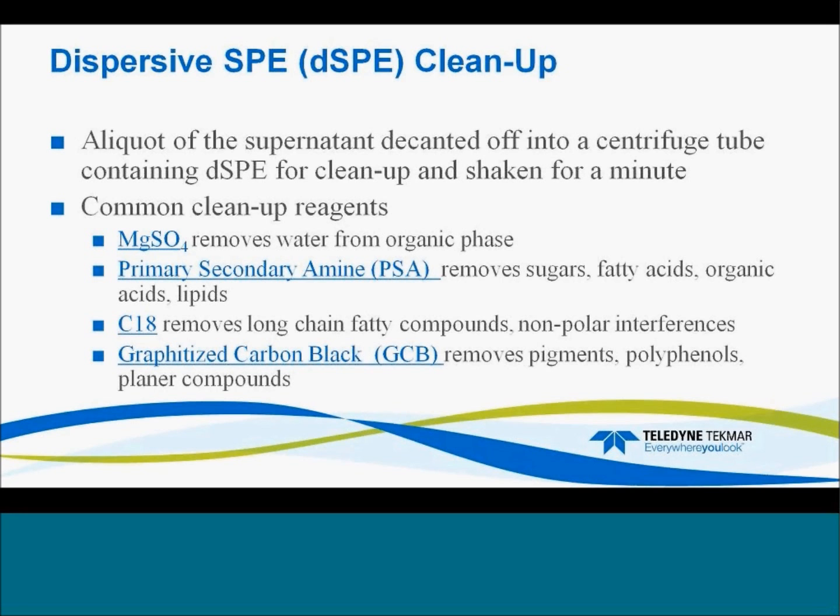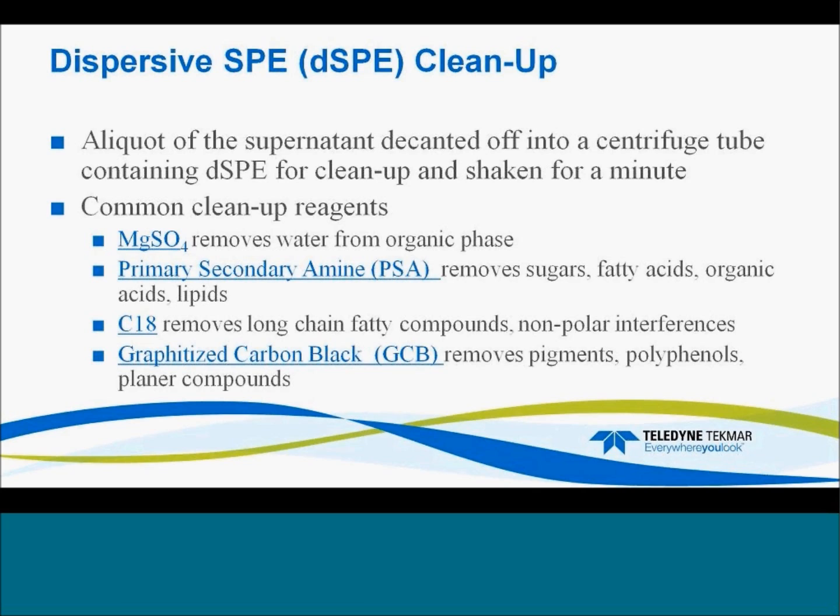But if you do need a cleanup, we will go through the dispersive solid phase step. Basically, we will transfer an aliquot, 6 to 8 mL if you're using the full-size tubes, or 1 to 2 mL if you're using the micro. The aliquot of the supernatant is decanted off into a centrifuge tube containing the DSPE for the cleanup, and is shaken for a minute.